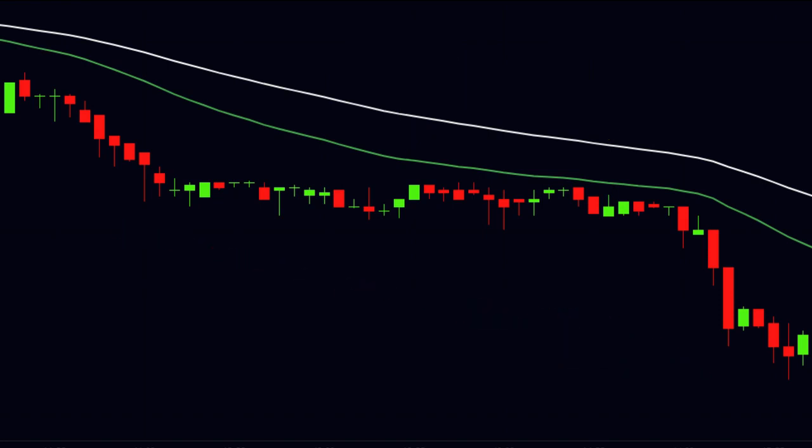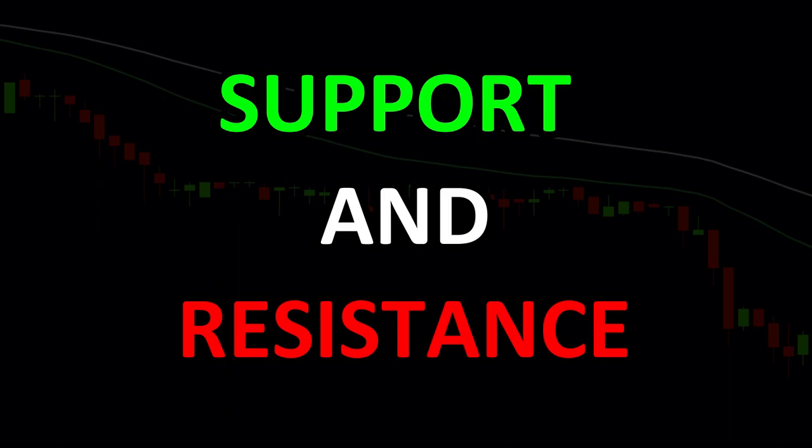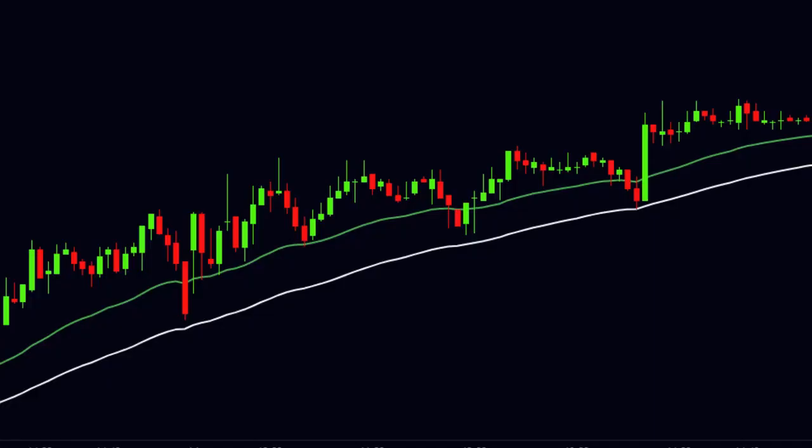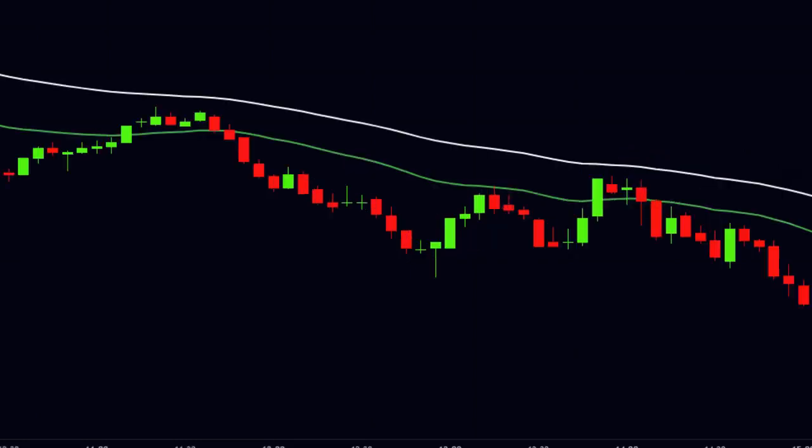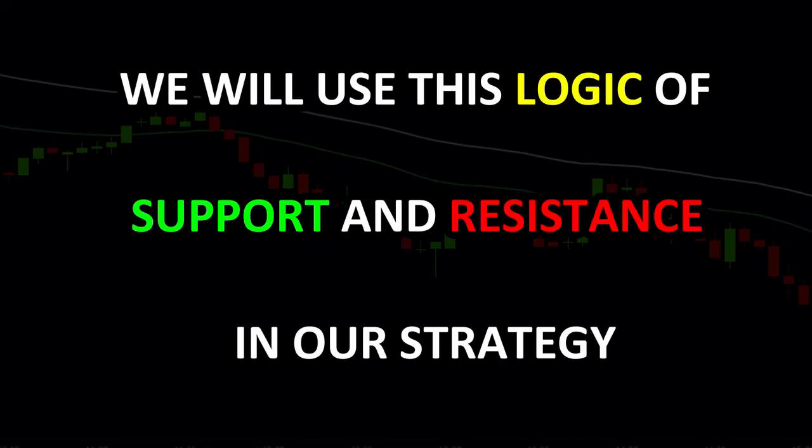Moving average also works as a support and resistance level. For example, during the uptrend, the price will find support many times in the zone between the 30 and 60 EMA. Similarly, during the downtrend, the price will find resistance many times in the zone between the 30 and 60 EMA. We will use this logic of support and resistance in our strategy.